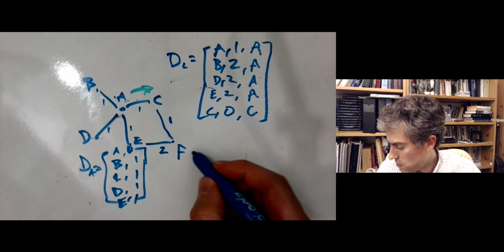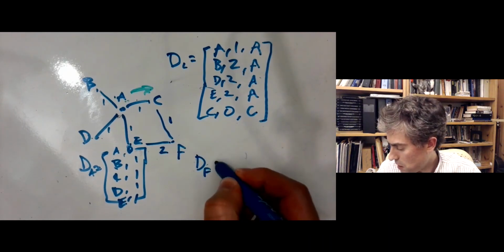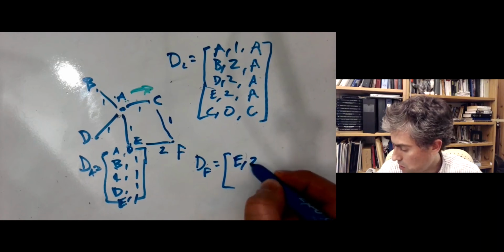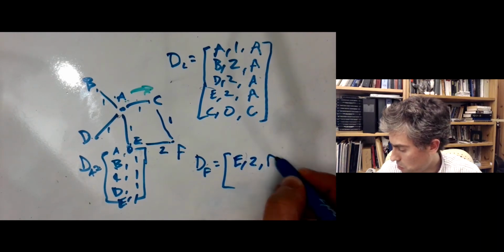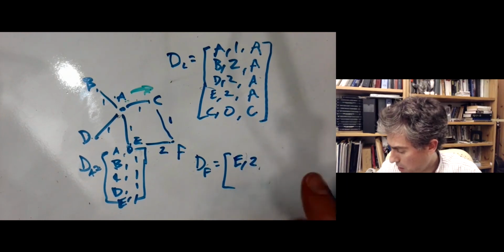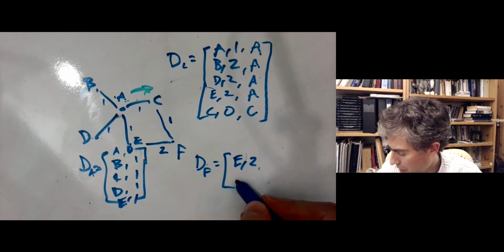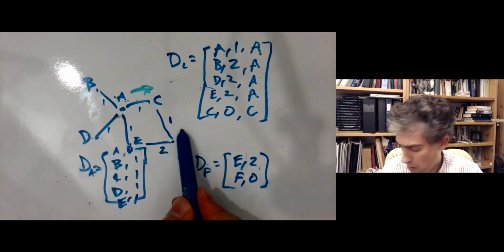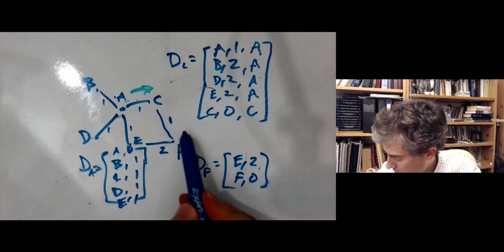F might have a distance vector at some point that says, okay, I can get to E in cost 2, through myself. And, I can get to myself in cost 0. So this might be some information that's shared up to C.